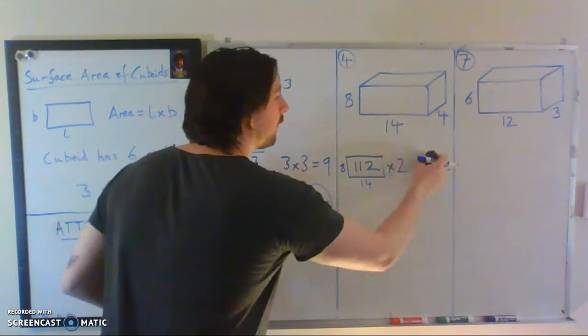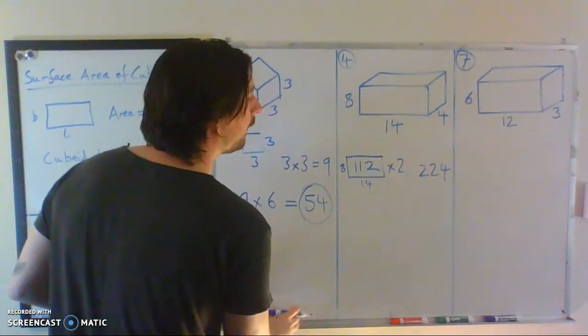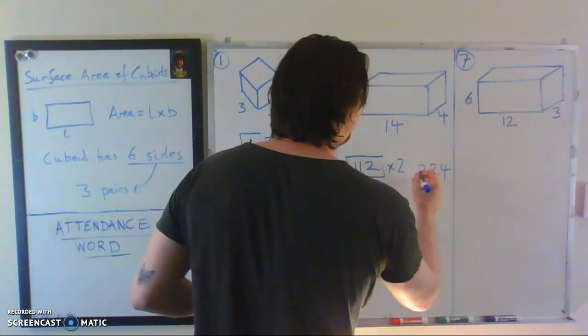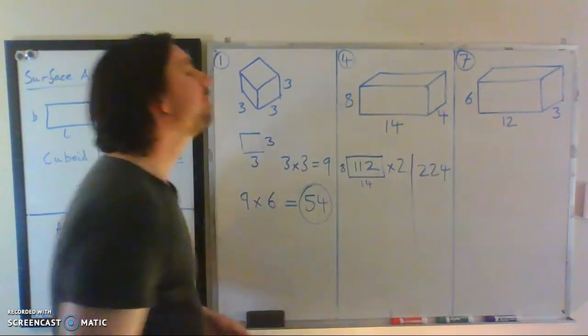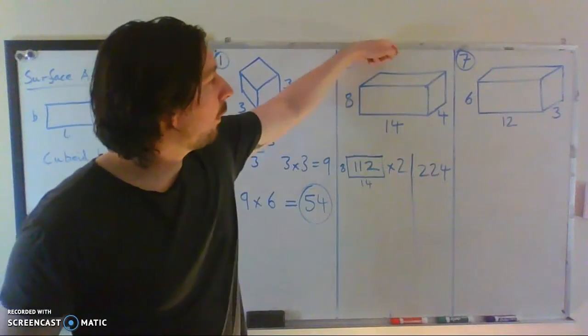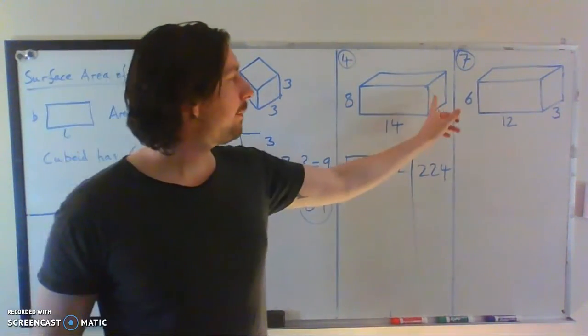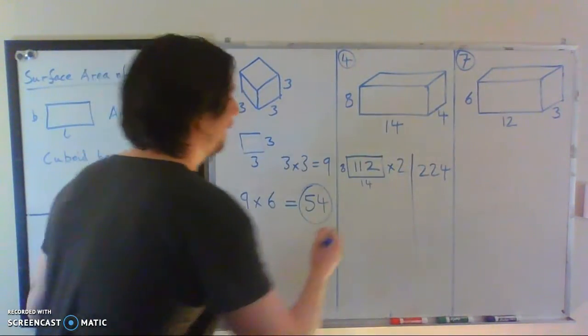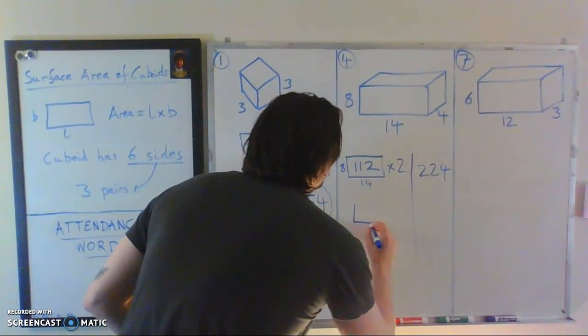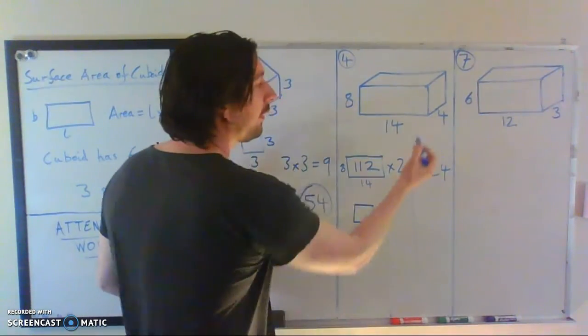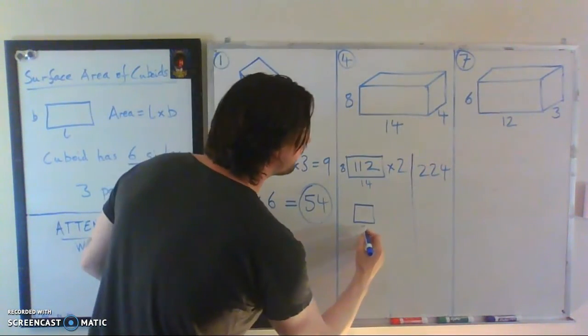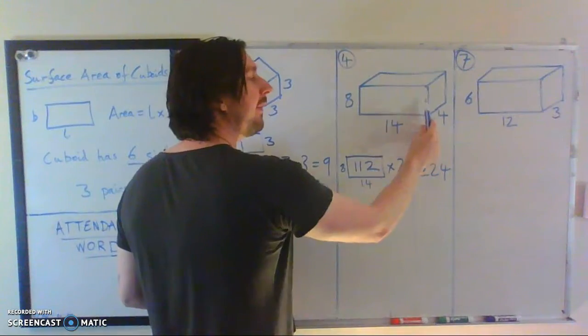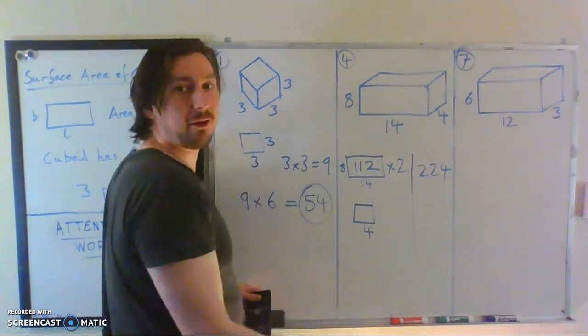I shouldn't put a circle around that because it's not the final answer. So I've got this 224. I'm just going to make a line here. So that's the area of those 2 ones. What about the side piece here? So it's 4 along the bottom. And then up the side here, look for the parallel lines.